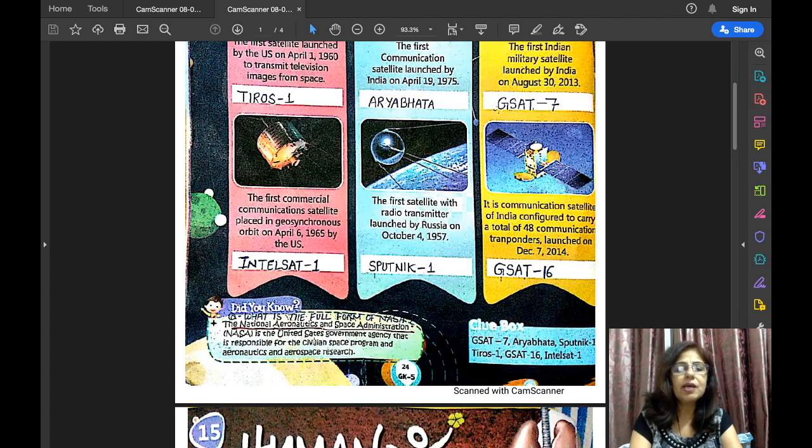It is the United States government agency that is responsible for the civilian space program and aeronautics and aerospace research. So, the questions that can be framed from Did You Know are: what is the full form of NASA? The answer will be the National Aeronautics and Space Administration.